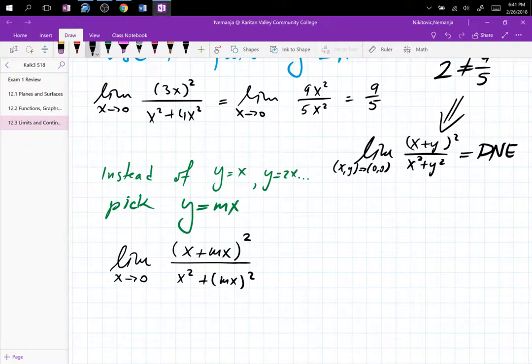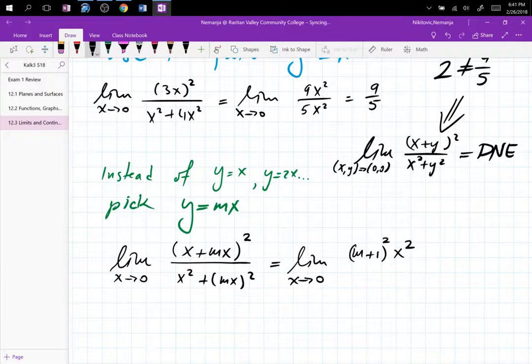It used to be x plus y, now it's x plus mx, because y is mx. Follow the algebra. In the numerator, we have m plus 1 squared x squared, because you factor out x, you get x times m plus 1, and then you square each one.